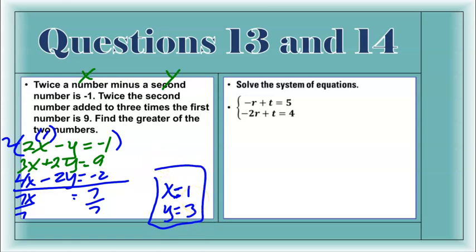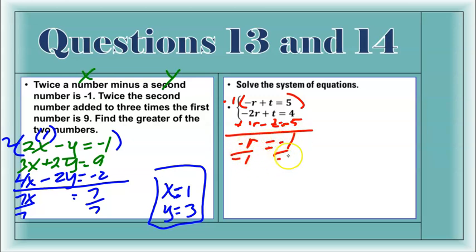On the last one, I'm going to use elimination to solve this one. Since they're both the same signs, I'm going to multiply the top one by a -1 so I can eliminate my t's. So this will give me a positive 1r and a negative t equaling -5. -2r minus 1 is -r equaling -1.